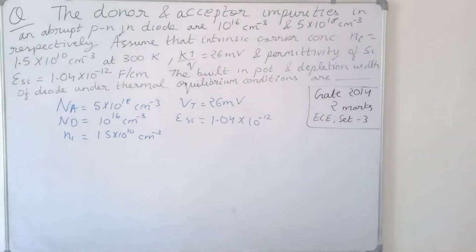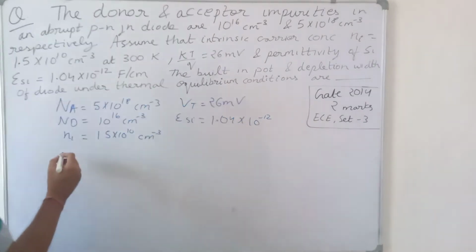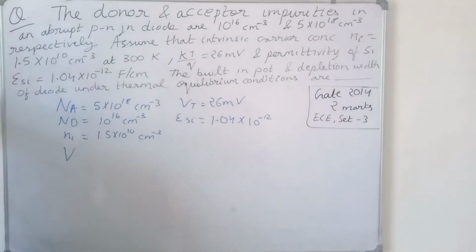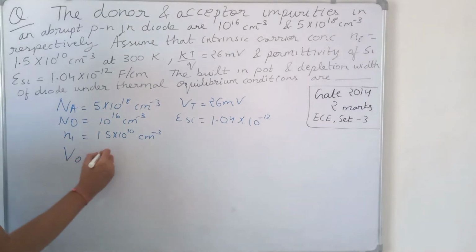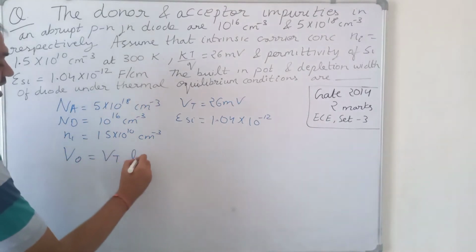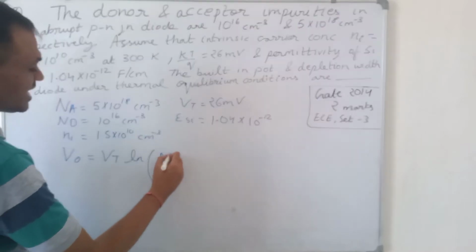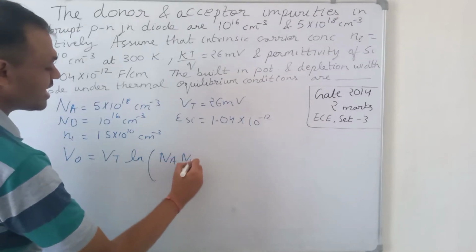So we have to find the built-in potential. Built-in potential we can directly find out. It is given as V0 is equal to Vt ln of Na times Nd upon Ni whole square.